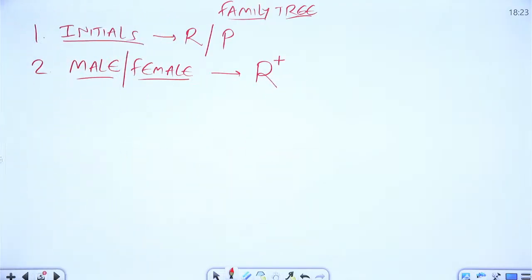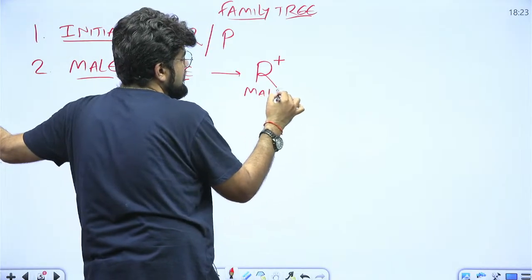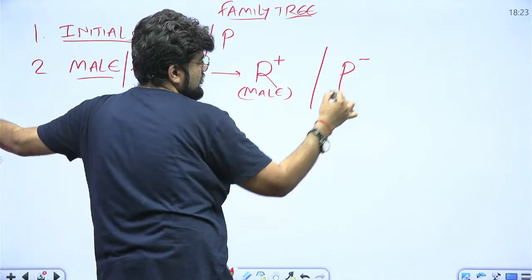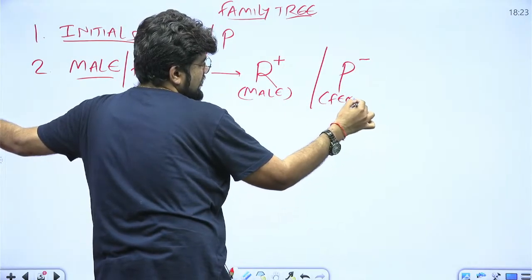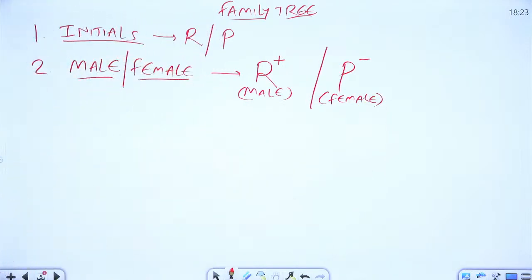So you assign an index of plus, a power of plus. And if you know that Priya is a female, then you will simply write a minus on the top. That way it will become easier for you to decipher, to understand.